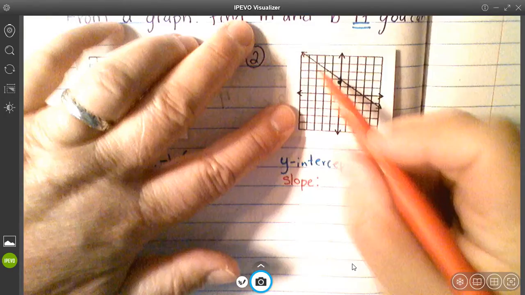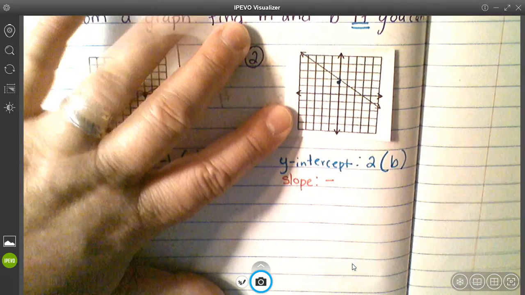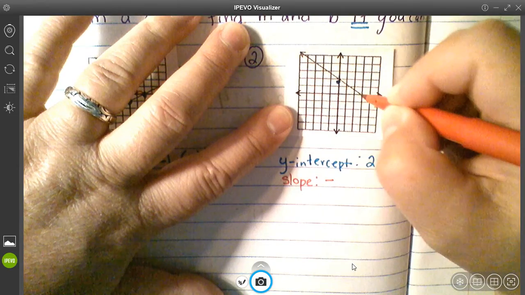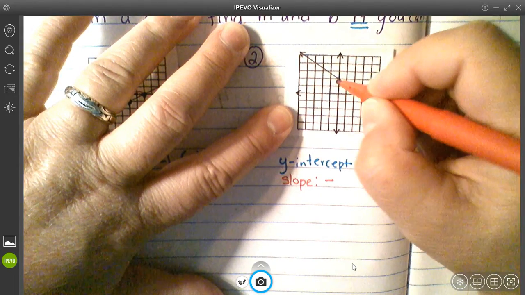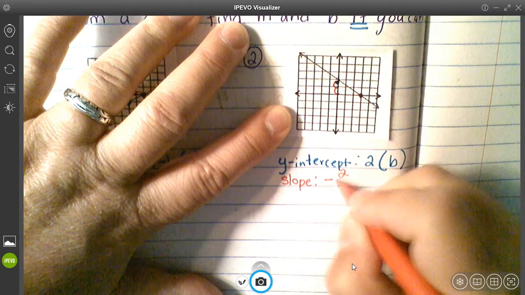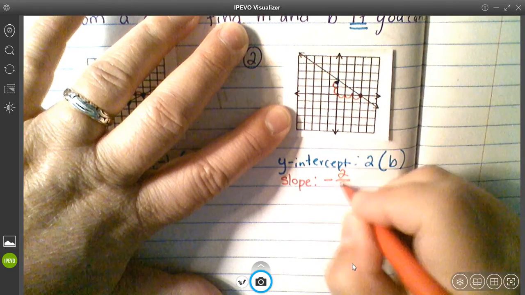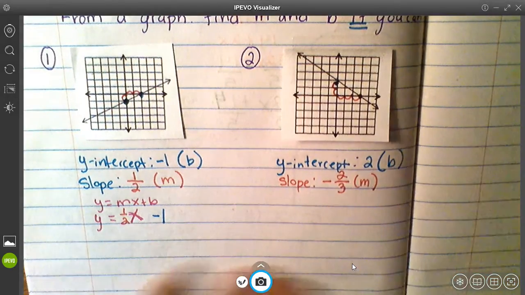of, first of all, it's going in the downward direction, so my slope is going to be negative. So from this point to another point, I think this one right here is a good one. I'm going to count down 1, 2, so that's down 2, and to the right 1, 2, 3. So that's an m of -2/3.